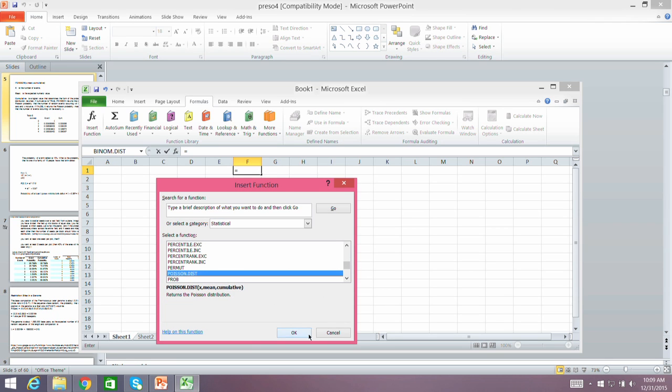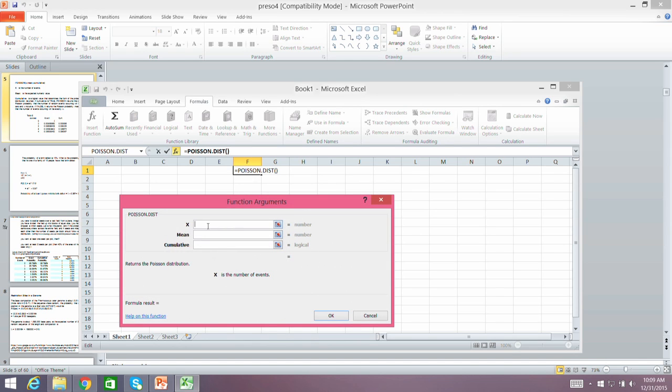So you see the Poisson distribution. So when we say Poisson distribution, X is the number of events, mean is the expected numerical value, and here we put false to get the exact value, or we can put true to get the cumulative.